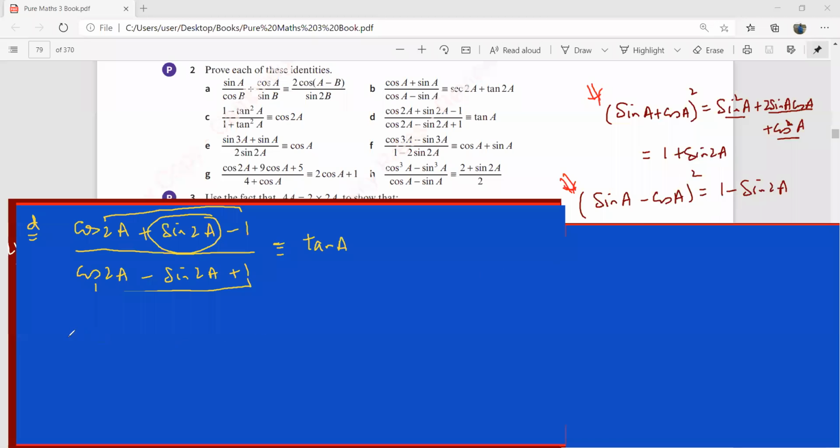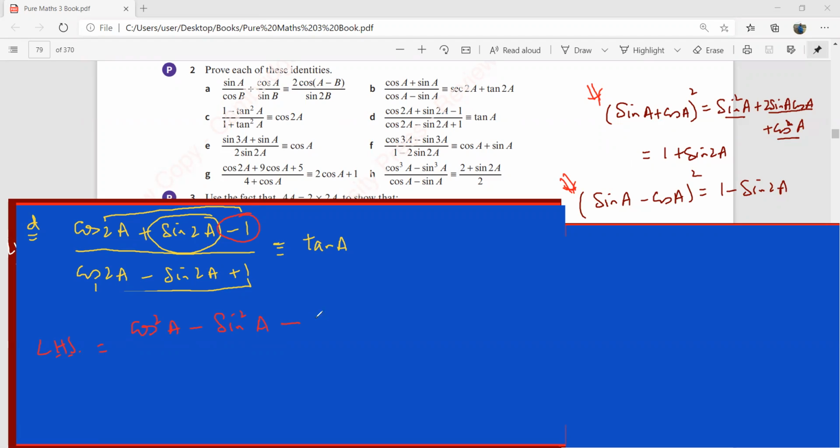So let me write the left hand side as changing this cos 2a into cos square a minus sine square a. And from all of this, I'm going to change this 1 into sine square a plus cos square a.